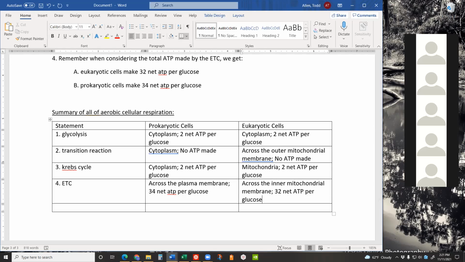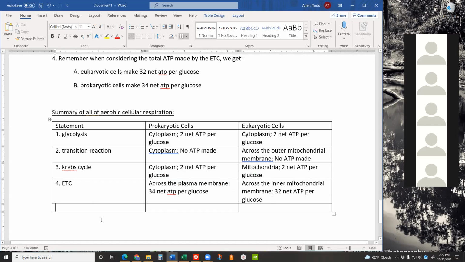Okay, so the energy yield of these processes is identical between prokaryotic and eukaryotic cells for glycolysis and the Krebs cycle. But when we get to the electron transport chain, there is a 2 ATP difference. So 34 net ATP in the ETC of prokaryotic cells, 32 net ATP in eukaryotic cells.